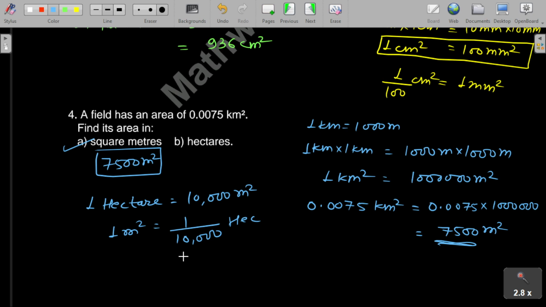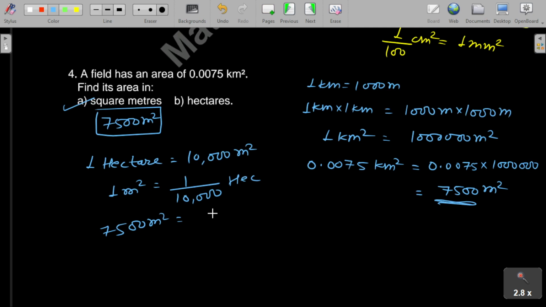So 7500 meter square equal to 7500 into 1 upon 10,000 hectare. So the calculation is 0.75 hectares. This is our correct answer, 0.75 hectares.